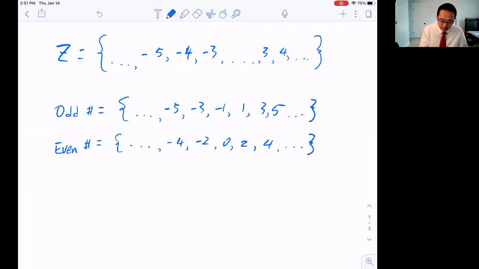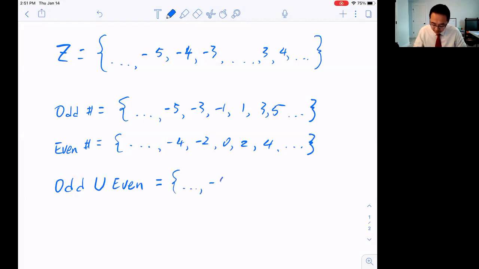And the union of the two, odd union even, is when you add the two together and include everything in both sets. So in this case, that would be dot, dot, dot, then -5, -4, -3, -2, -1, 0, 1, 2, dot, dot, dot. So that is even and odd altogether. Anything that's in either one of these sets is included in the union of the two sets.